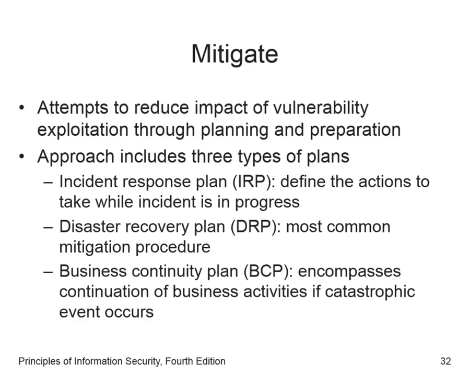It encompasses the continuation of business activities if a catastrophic event occurs, such as the loss of the entire database, maybe the building, or even the operations center. So the BCP includes planning for the steps to ensure the continuation of the organization when the scope or scale of the disaster exceeds the DRP's ability to restore operations.